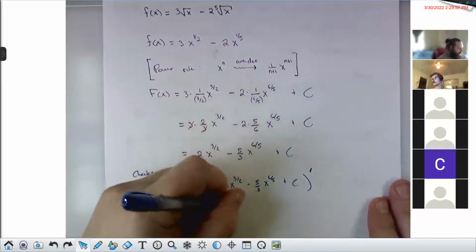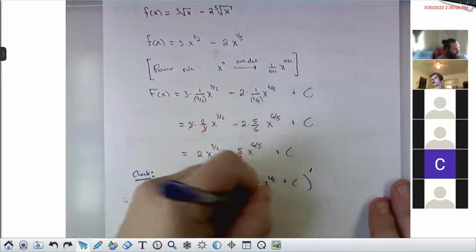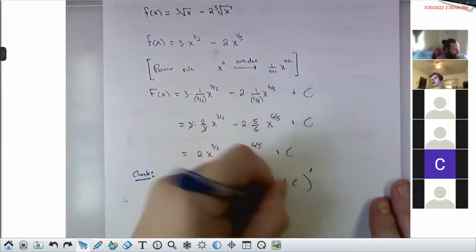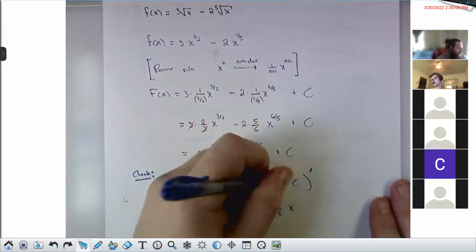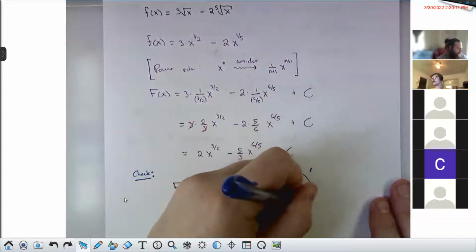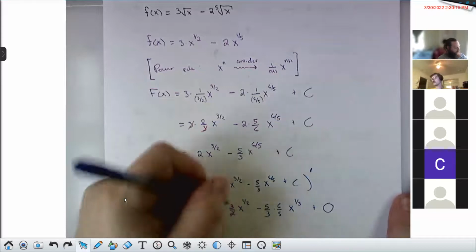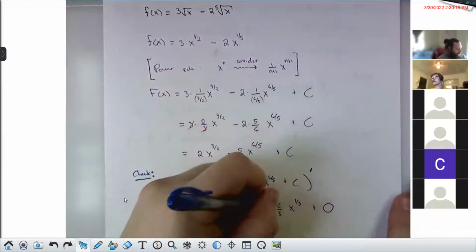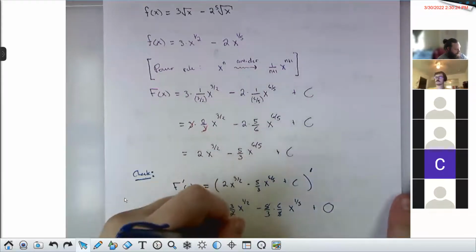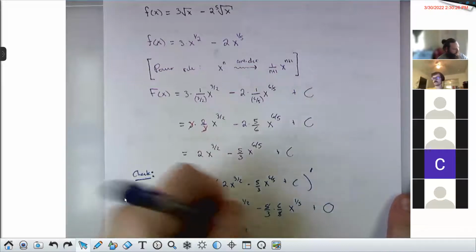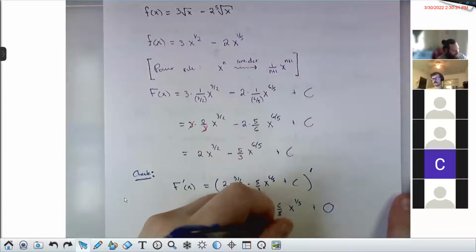So this is 2 times 3/2 x to the 3/2 minus 1 is 1/2, minus 5/3 times 6/5 times x to the 6/5 minus 5/5 is 1/5, plus the derivative of a constant is 0. Cancel the 2's, cancel the 5's. 6/3 is 2. We get 3x to the 1/2 minus 6/3 is 2x to the 1/5.